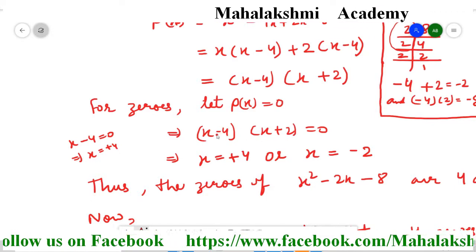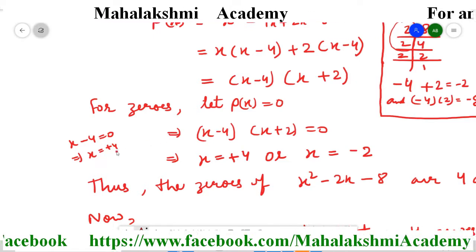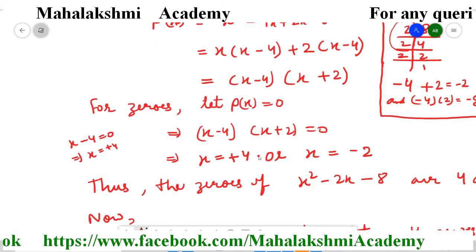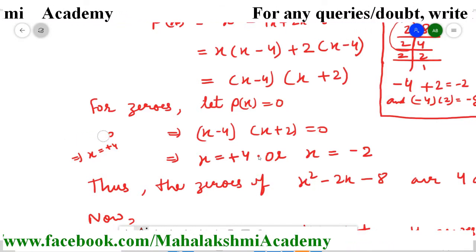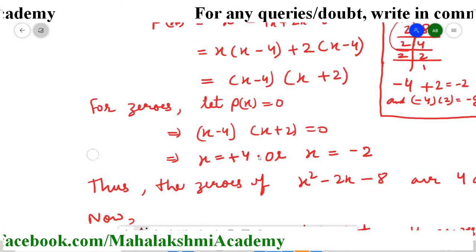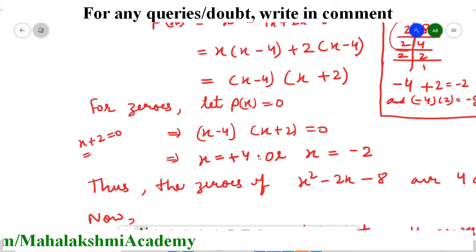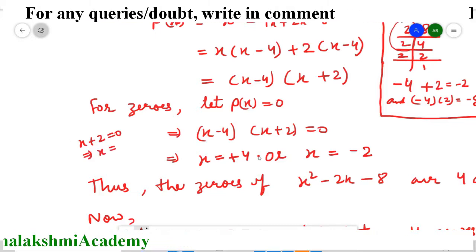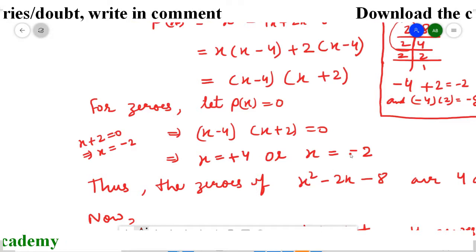So we have to search the conditions. If x - 4 is 0, that will give us x is equal to 4. In the same way, if x + 2 is 0, in that situation x is going to be -2, since this +2 moves across. So like this we'll get -2.